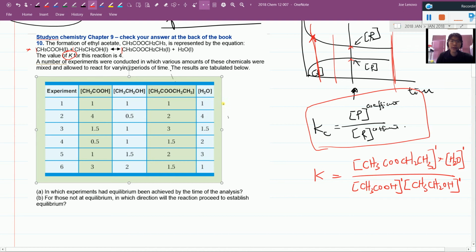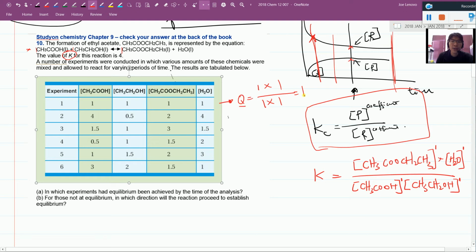Instead we call it Q, the quotient of your products over reactants. Q for experiment 1 is 1 times 1 divided by 1 times 1, which equals 1.